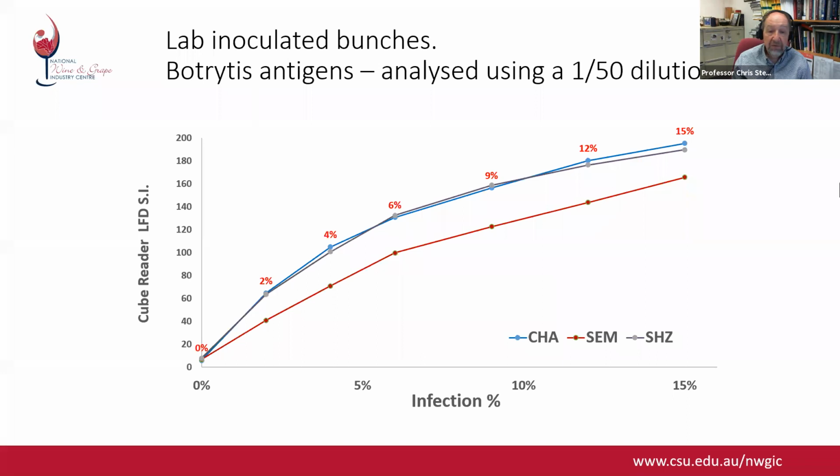So this is this 1 in 50 dilution, Chardonnay in blue, Semillon in red, Shiraz in grey on this slide. So again, we're seeing this bit of a curved relationship. So we could perhaps maybe think about repeating this at 1 in 100, which we haven't done. It might flatten that out a bit more. But we can see a semi-linear relationship, I suppose, at this dilution level.